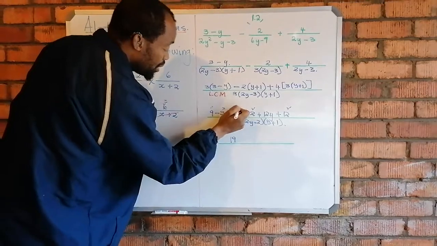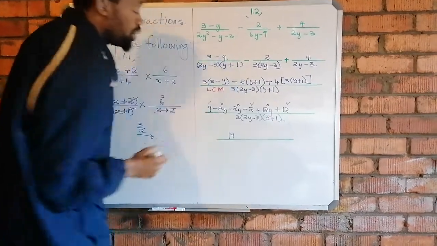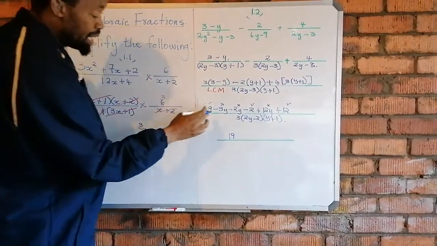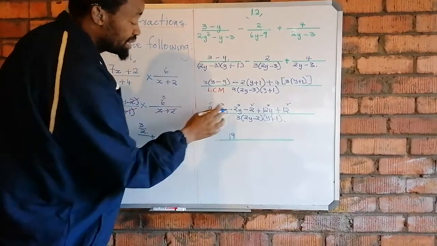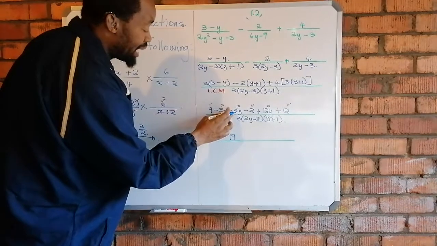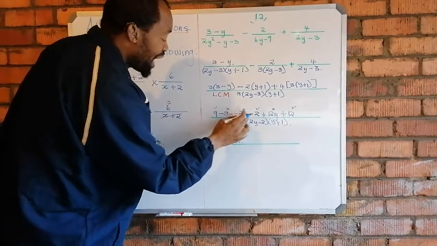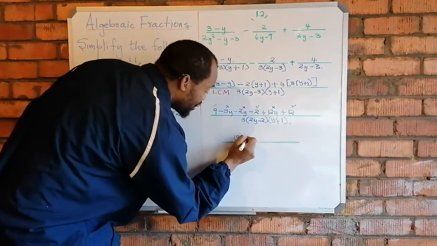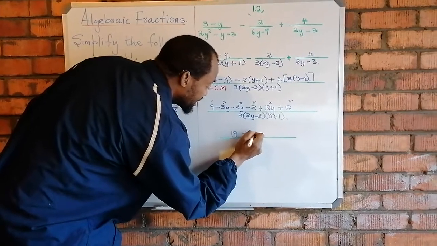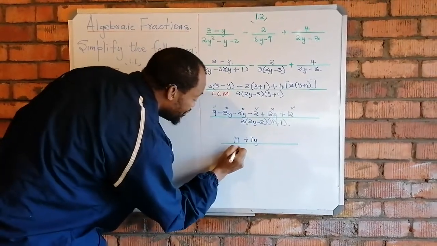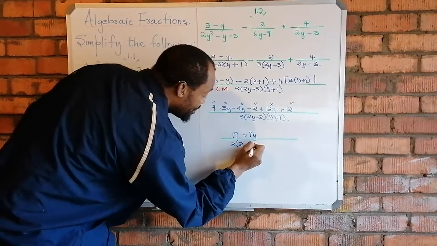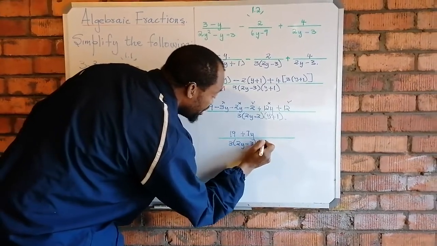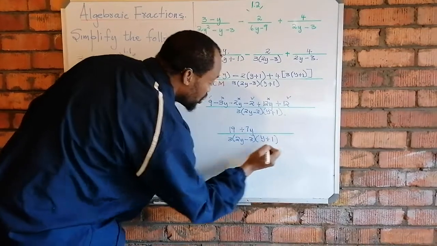Then, all those are like terms again. Minus 3y and minus 2y is a minus 5y. Minus 5y plus 12y is a plus 7y, divided by 3 times 2y minus 3 into y plus 1.